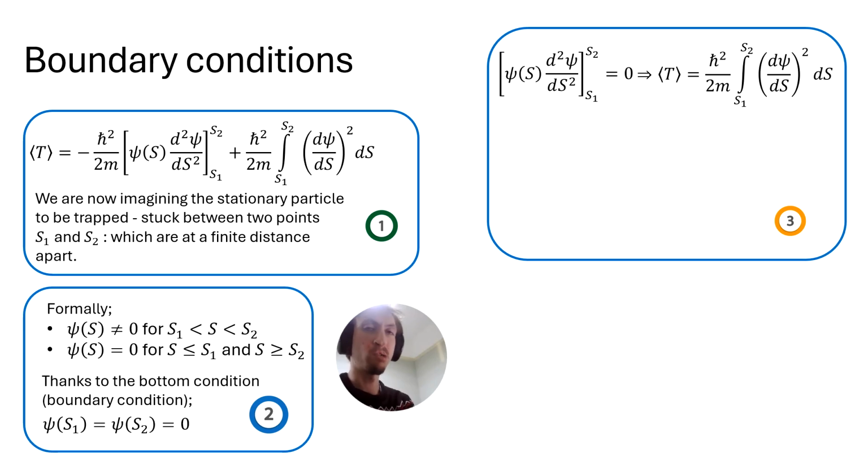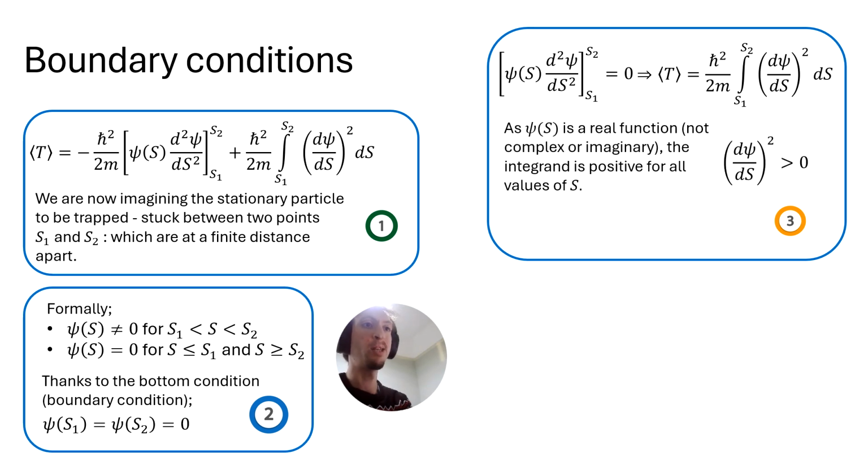So we are differentiating a real function in terms of a real variable, and therefore d psi by ds is itself going to be a real function. And therefore the output of that function when squared is always going to be positive. Importantly, it's never going to be negative. And therefore, since we are integrating a function which is always positive, the kinetic energy of our stationary state particle is going to be positive.